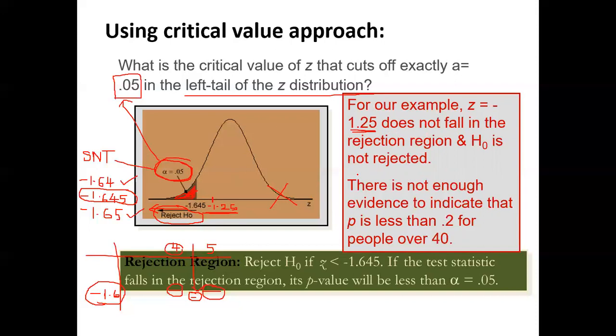So H0 is not rejected, and we cannot reject our null hypothesis. What is the final step, the fifth step, that we can conclude? We can state that there is not enough evidence to indicate that P is less than 0.2 for people over 40 years.